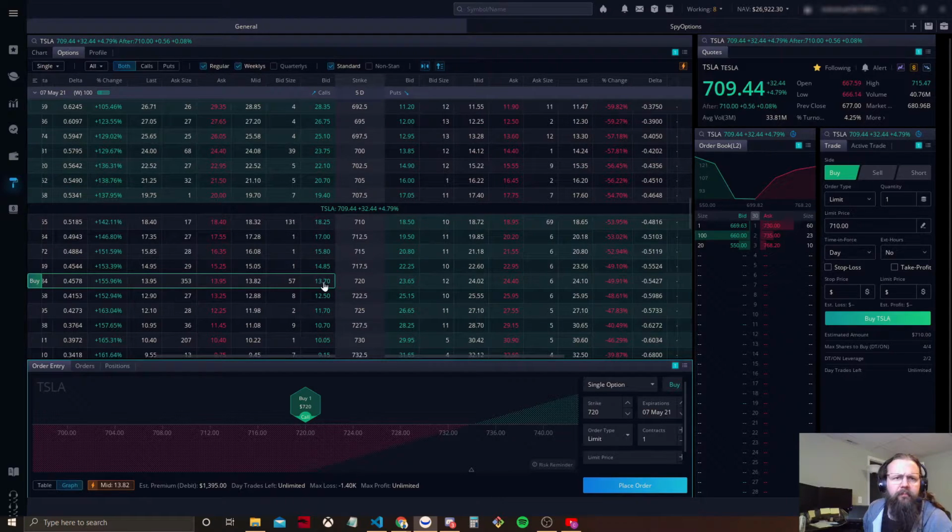Pretty tight bid-ask spread. I feel like this price is probably going to come down. There's more sellers than there are buyers. So we could probably get this one around 1,300, 1,350.